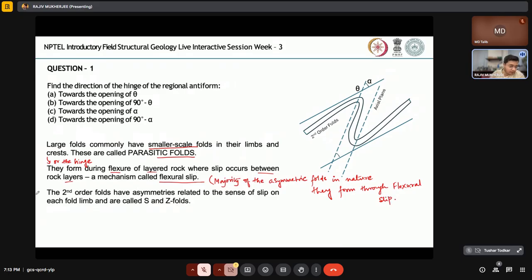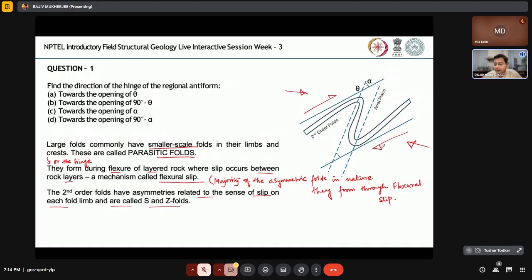And the second order folds have asymmetries related to the sense of slip on each limb, and they are called S and Z folds. So the sense of slip is like this. You can easily guess: for a compression following this direction, the general sense of slip for this fold will be in this fashion.